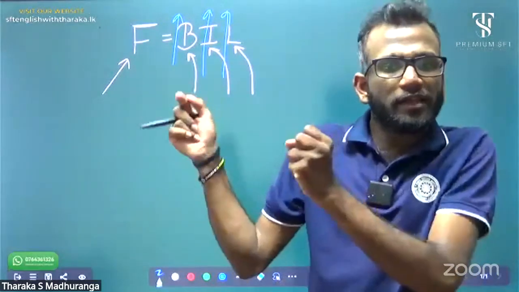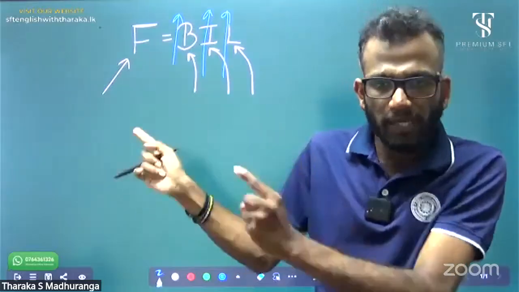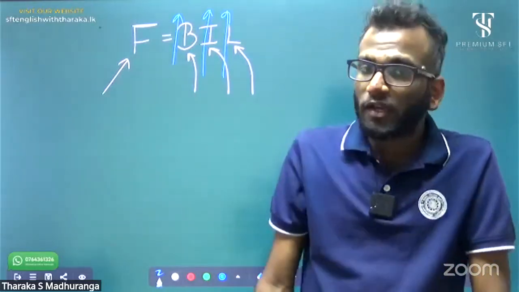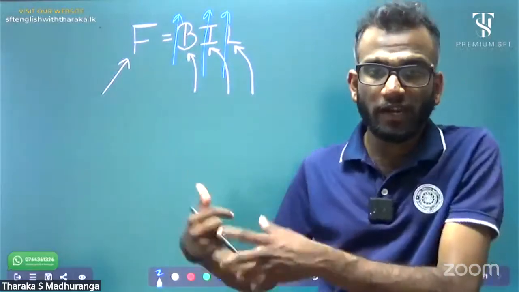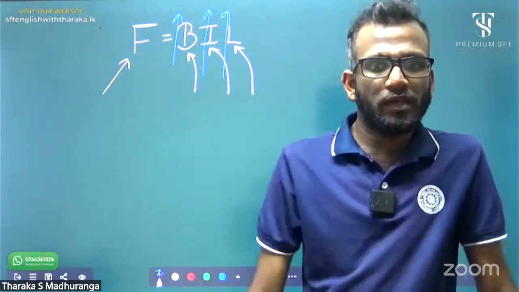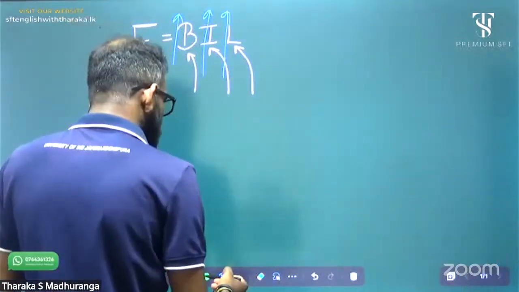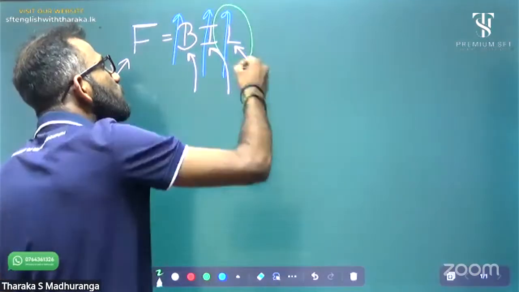Increasing magnetic flux density or current is highly costly, right? Increasing current needs a lot of power, it's highly expensive. But without expense, we have a chance to increase the length of the conductor.